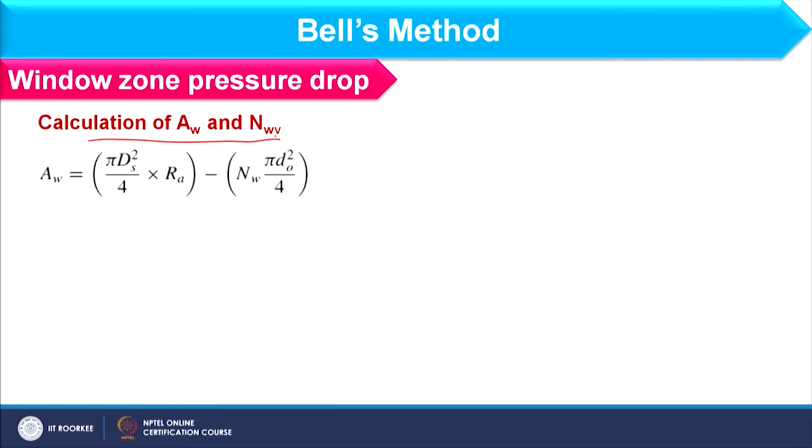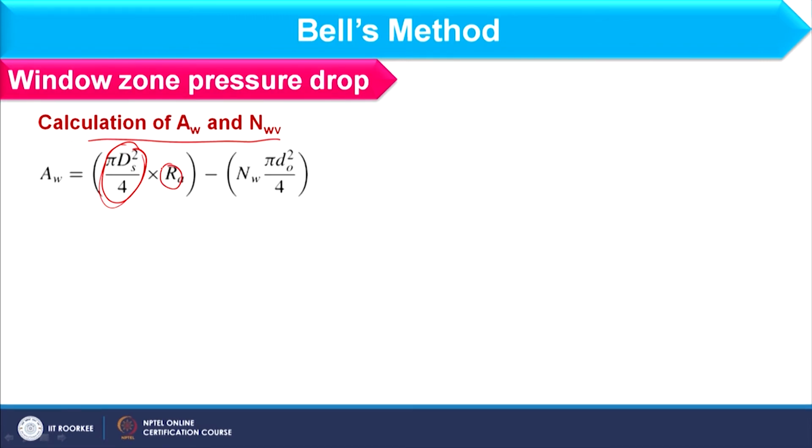So, here we should consider the calculations of AW and NWV. What is AW? AW is basically the free area available for fluid to move in the window zone. How can I consider that? The expression goes as pi ds square by 4, that is nothing but the cross sectional area of the shell.